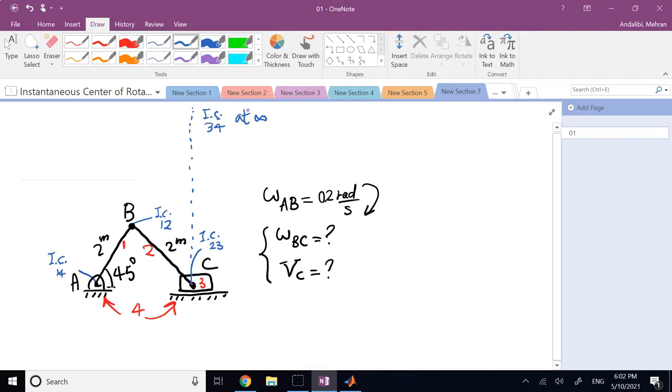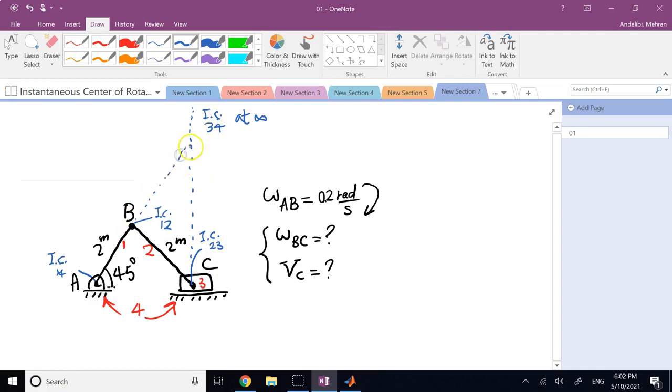Now, we need 2 other ICs. One of them is 1 with respect to 2, and the more important one is 2 with respect to 4. So if I connect IC 1,2 to IC 1,4, IC 2,4 is going to be on this line. And then if I connect IC 2,3 to IC 3,4, again, IC 2,4 is going to be on this line.